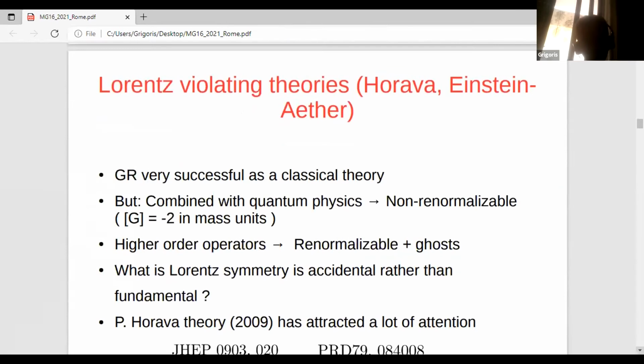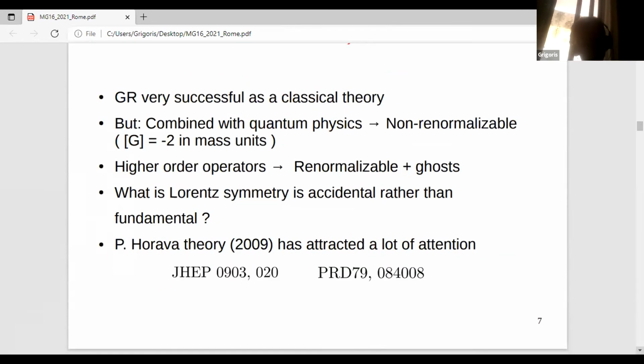Another argument is that GR, unfortunately, is a non-renormalizable theory. It was known from the 70s that if you consider higher order operators, then you can get renormalizable theories, but at the same time, unfortunately, you get ghosts as well. So one solution would be to abandon the idea of Lorentz symmetry.